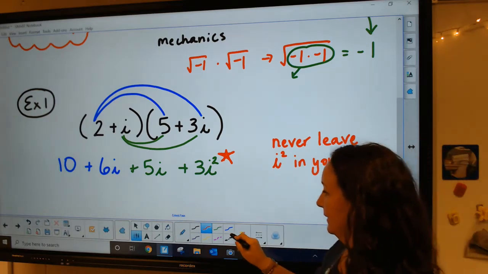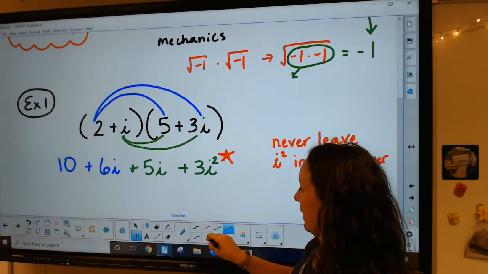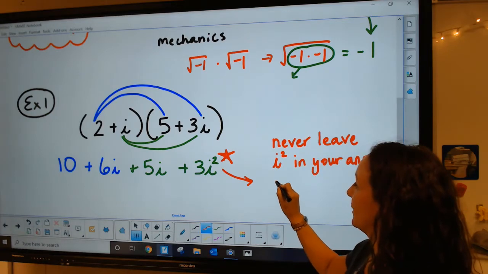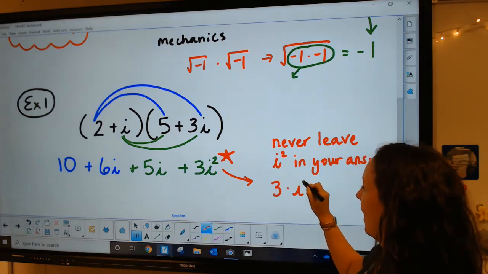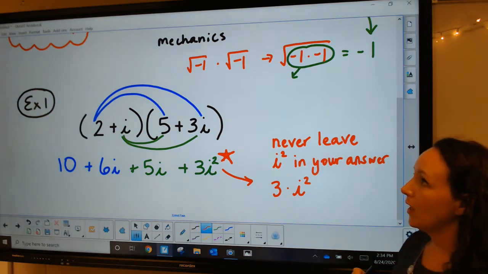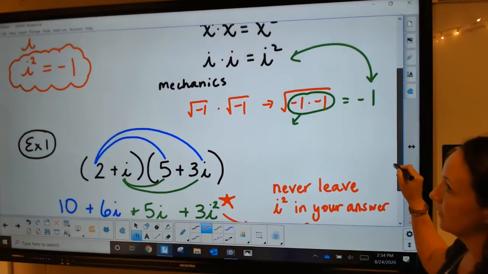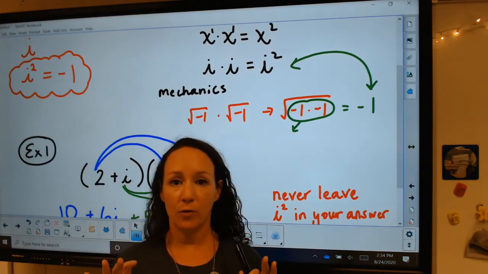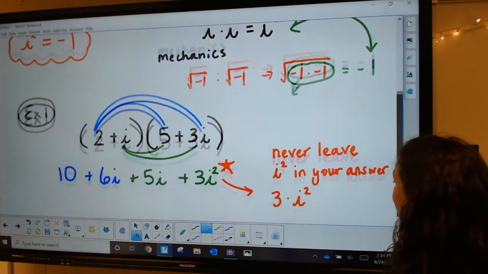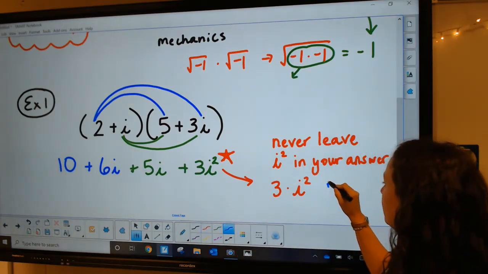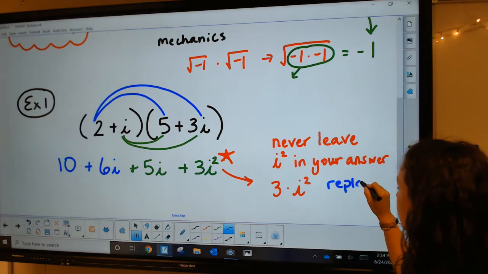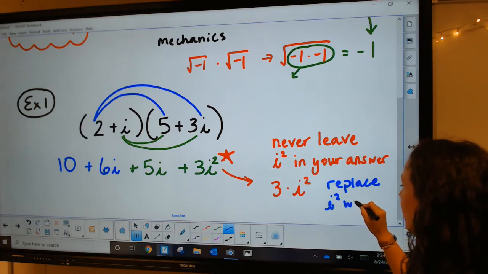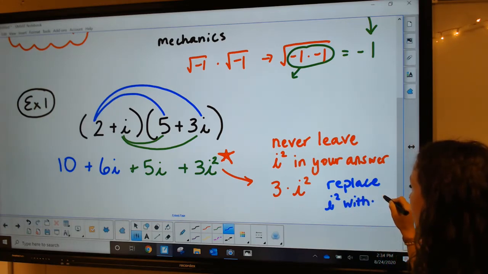What happens is, sort of off to the side, what we have is 3 times I squared. Well, we learned that I squared is -1. So I'm going to replace I squared with a -1.